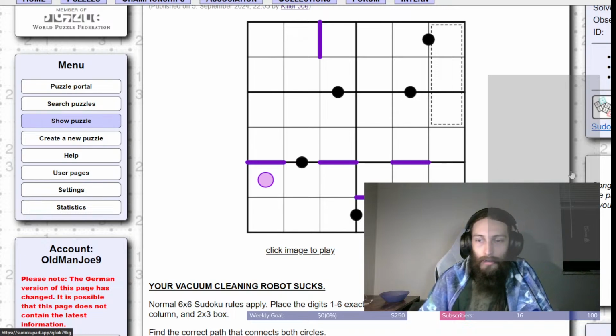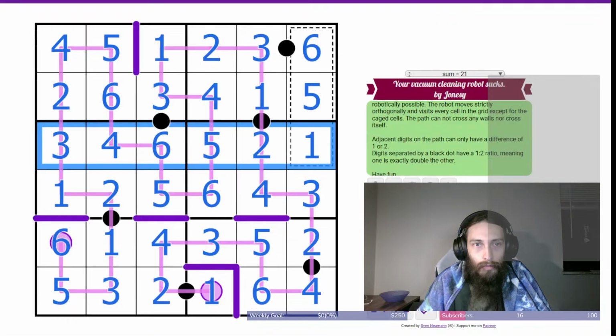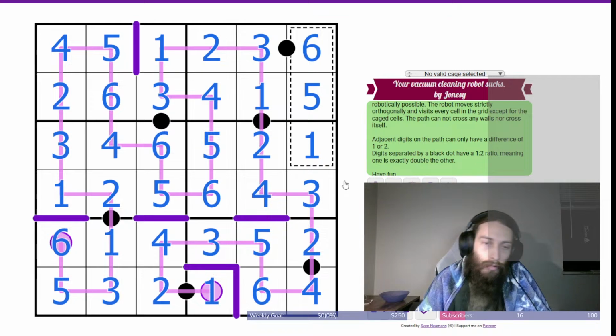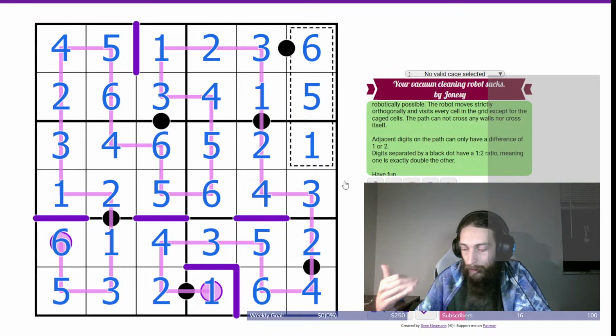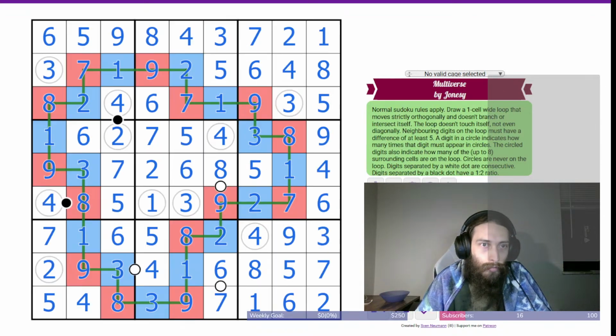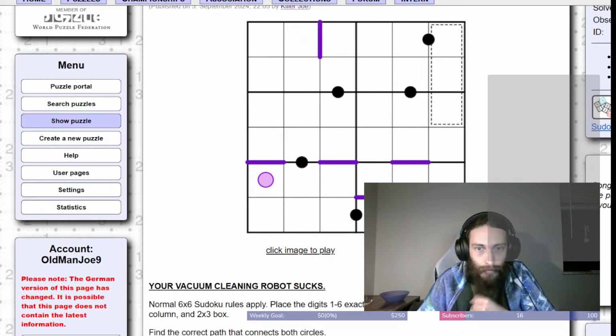I don't know. Maybe that one was a very easy puzzle, because I'm trying to think of spots where we got stuck. But I don't know. Maybe the difference of 1 or 2, because that adds a lot of options, but I don't know. I think maybe very easy is correct on that one, because the path wasn't that difficult to draw.